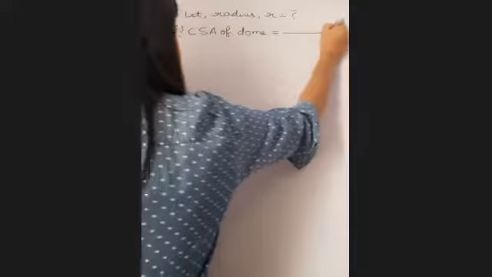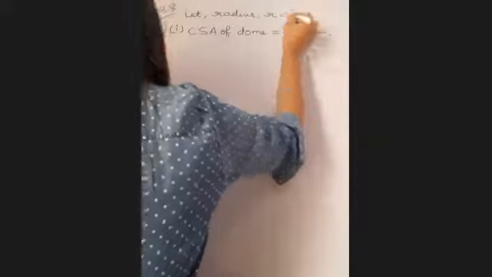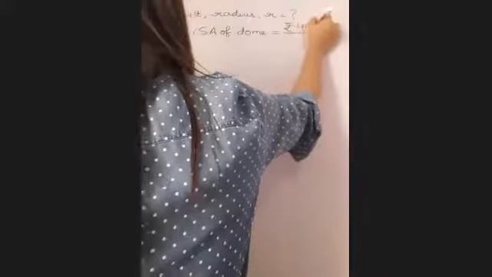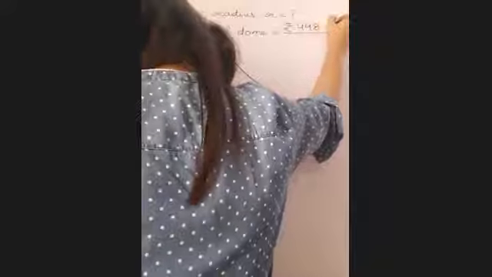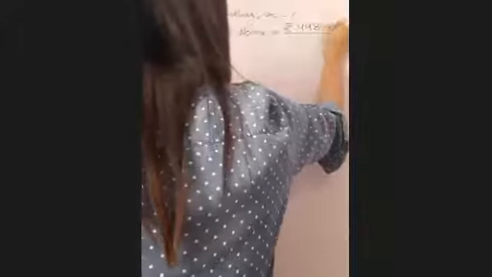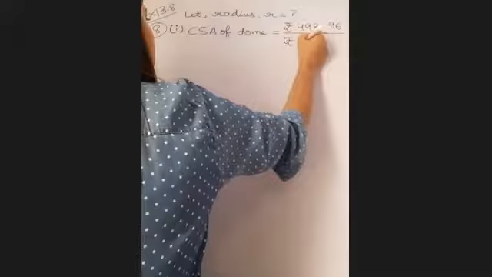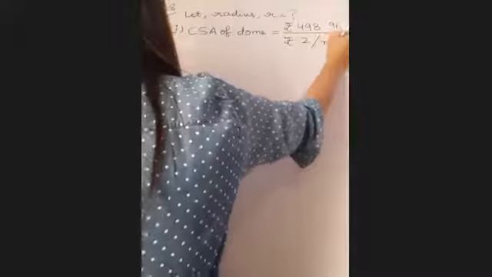is given by total cost, that is rupees, make the latest rupee symbol, not RS. The book was printed a very long time back. So 498.96 divided by rupees 2 per meter square.